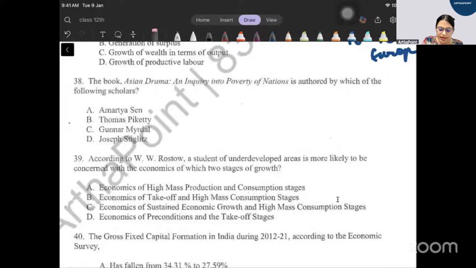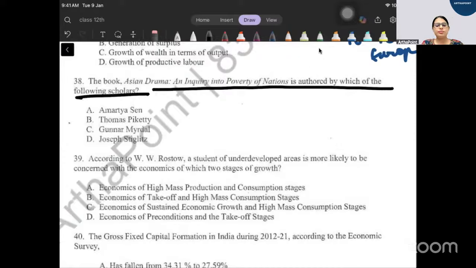The book Asian Drama: An Inquiry into Poverty of Nations is authored by which of the following scholars? Who wrote this book? Who wrote the book Asian Drama? This is very easy.